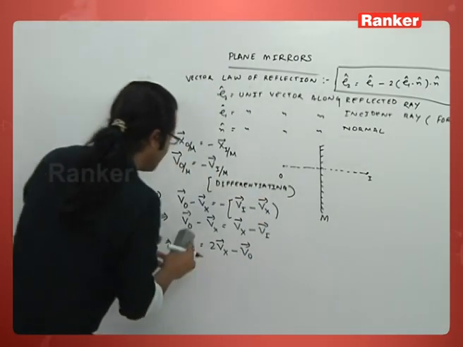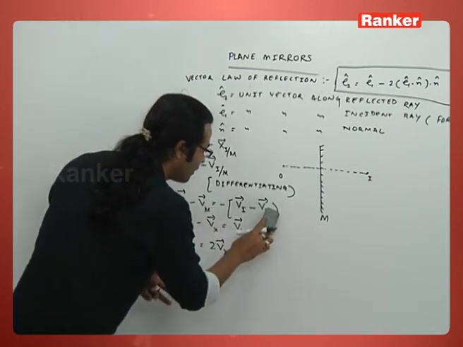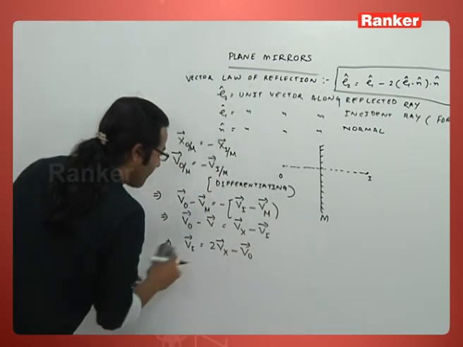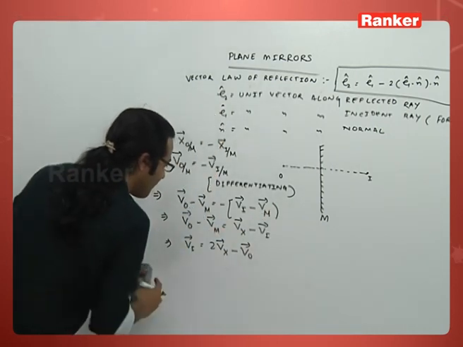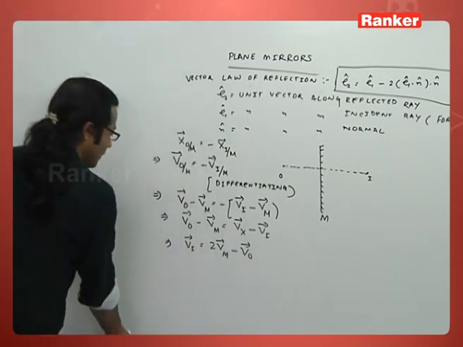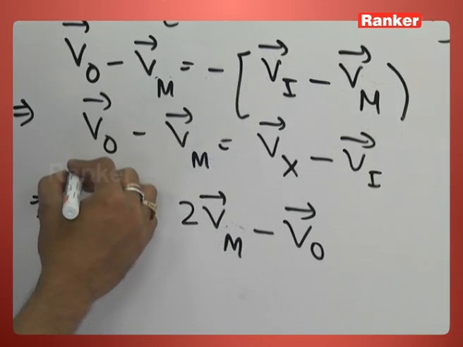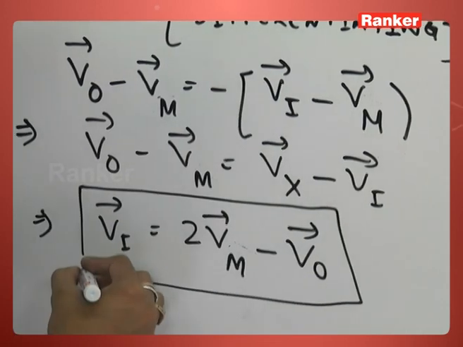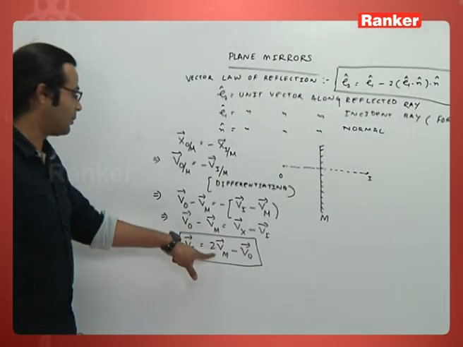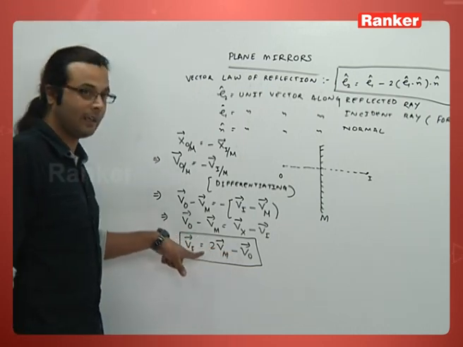It will be easier for us to reconcile things. So my expression of velocity of image comes out to be this one, and you should remember this. Velocity of image is equal to twice the velocity of mirror minus velocity of object in vector terms.